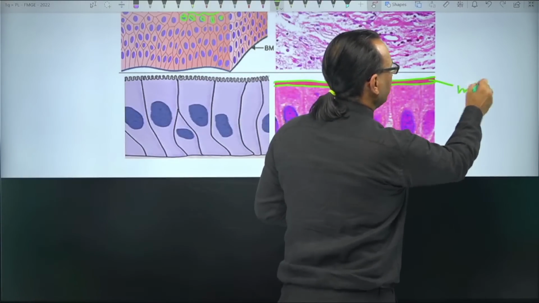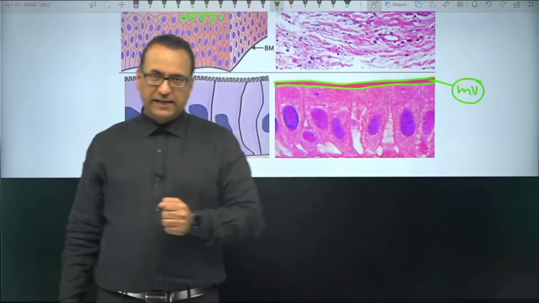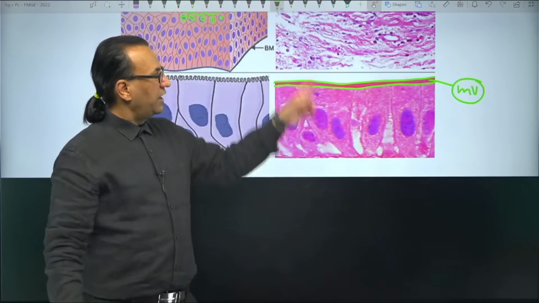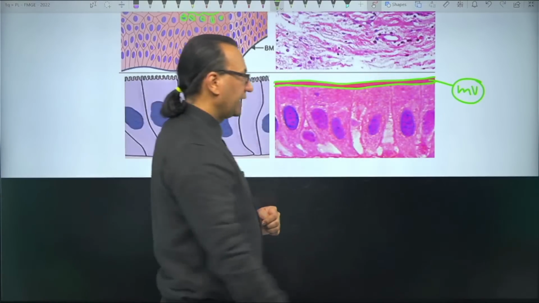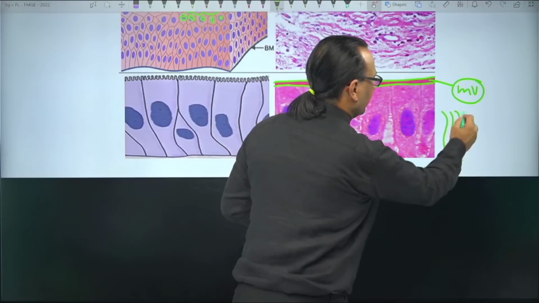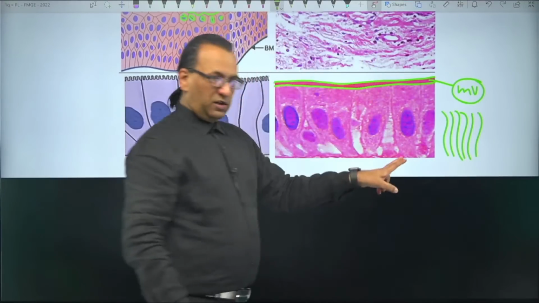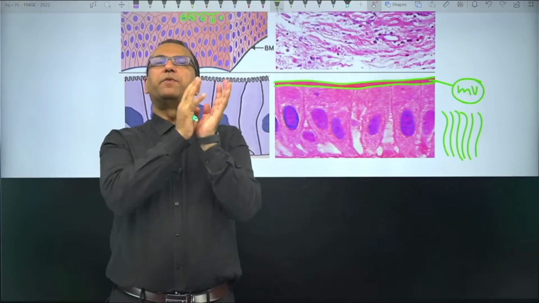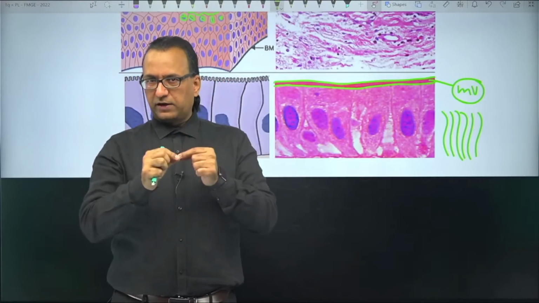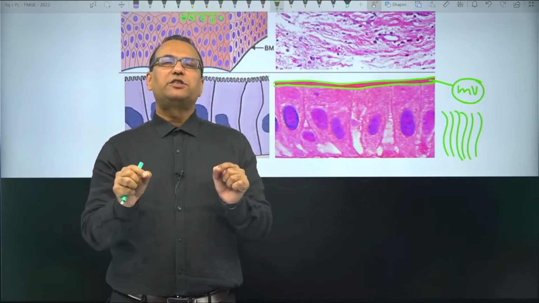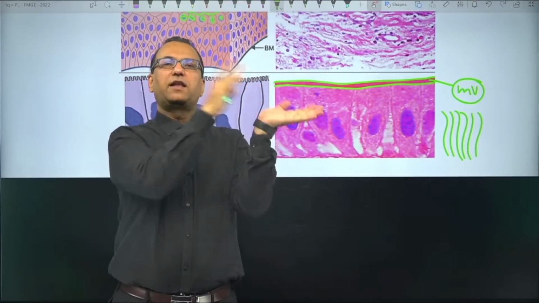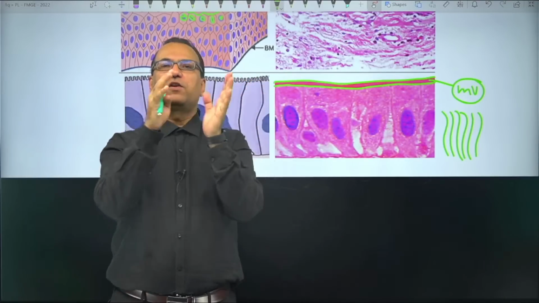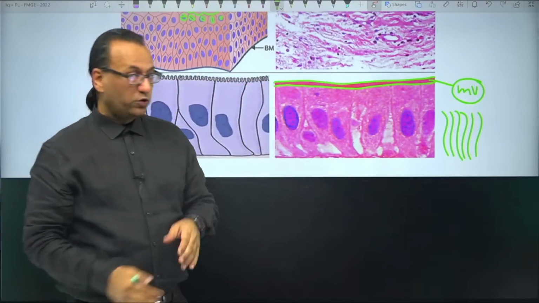Now, why would you say this is microvilli? Why is it not cilia? Because cilia, first of all, they'll be taller, and second, cilia are thread-like. They are like this. Sometimes clumped, because you are preparing it in the slide. During preparation, the threads are clumped, one here, one here, one here, like, let me show you.